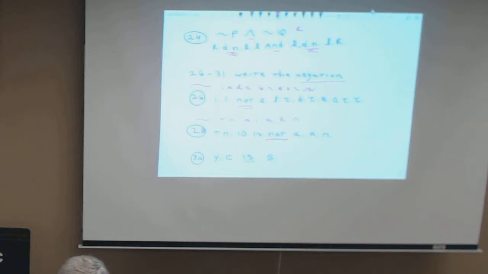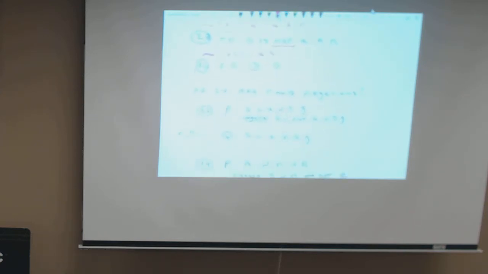If the statement's true, the negation is false. Number 30. Your cat is not a Siamese. So what do I say to negate that? Your cat is a Siamese. You follow me?